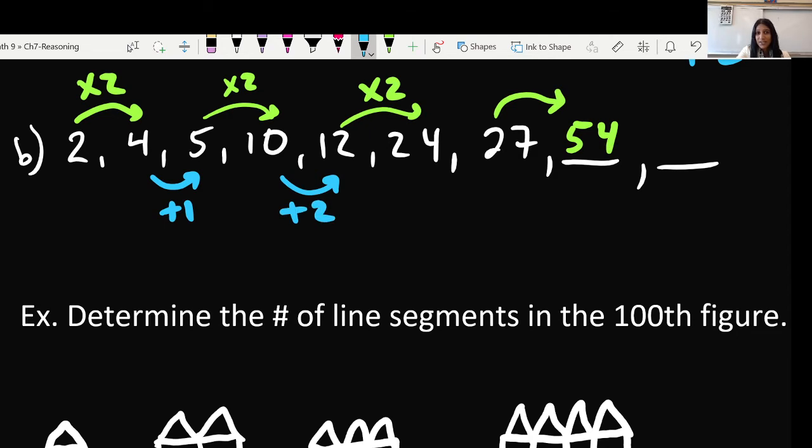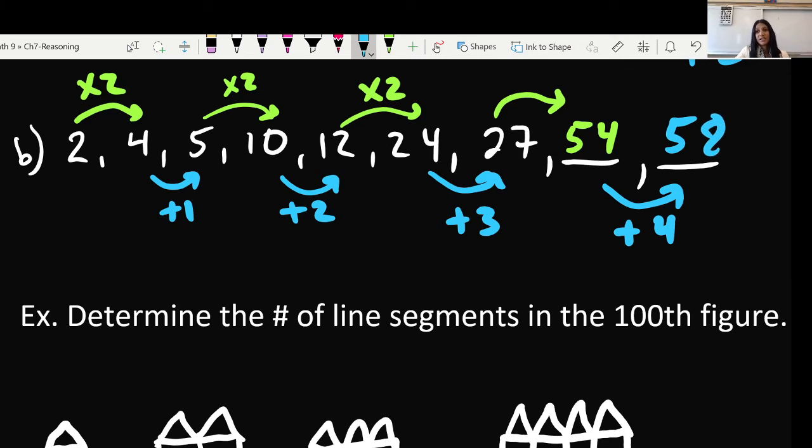This time it's plus 2. And then when I go here to here, this time it's plus 3. So based on this, I would think that this next one is probably plus 5. Sorry, plus 4. So it's going plus 1, plus 2, plus 3, plus 4. So our last value here would be 58.